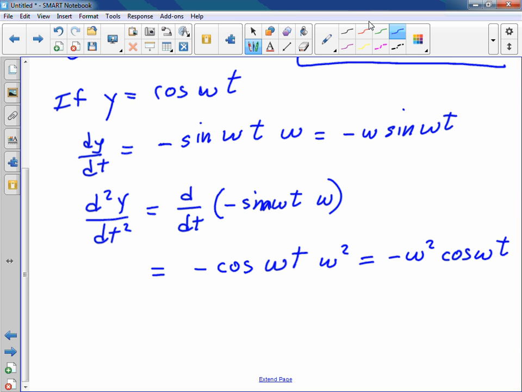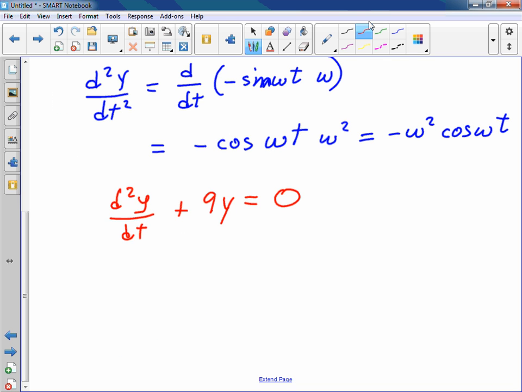Okay? So now, before we had, remember, I'm going to go another color. We had the second derivative with respect to t plus 9y equals 0. Okay, let's go crazy.